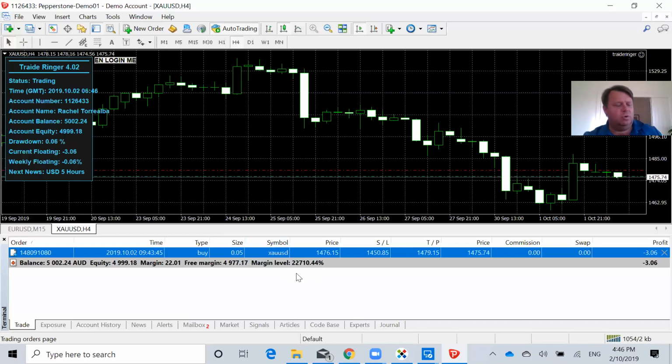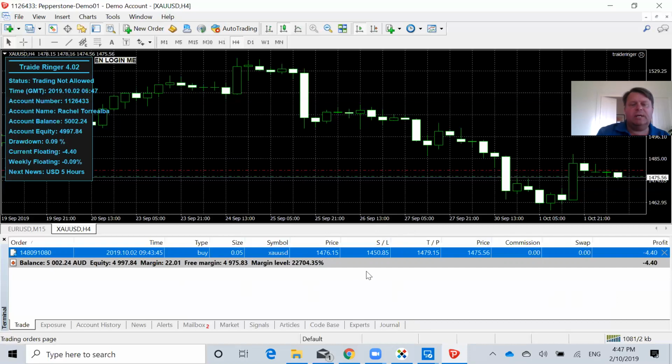Now, what you could do if you're close to being closed out for the period for a particular profit, you might just come up here and simply turn off auto trading. What that does now is it just will not take any more positions. It will still manage this particular trade.